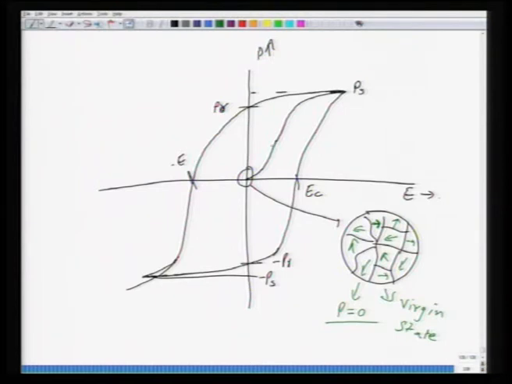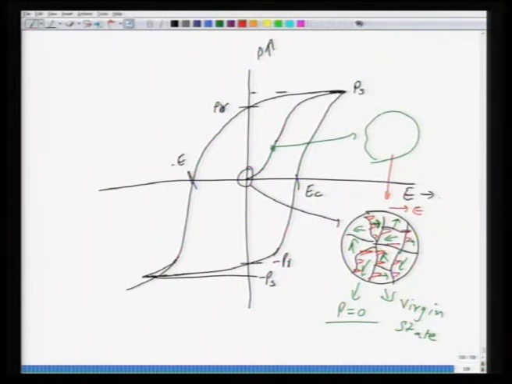So, what you will have, for instance, at this point, if you look at a material, is this structure. Let us say the field direction is this, then new domains will start growing like this. If this is the grain boundary, the new domains will start growing.